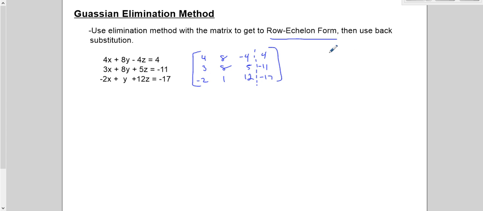So we want 1, whatever numbers are here, 0, 1, whatever number is there, and 0, 0, 1, and then whatever number is there. And that's what we want to achieve, because by doing that, we will be able to say that z is equal to whatever number is there.